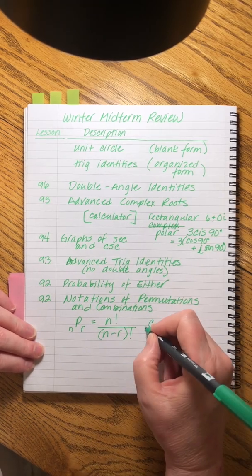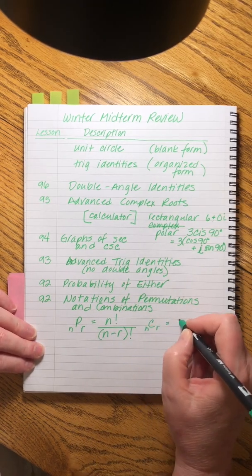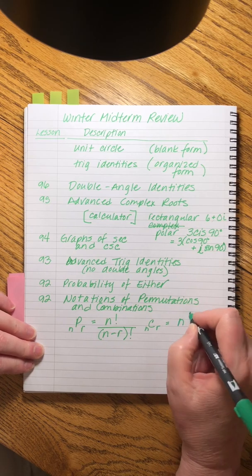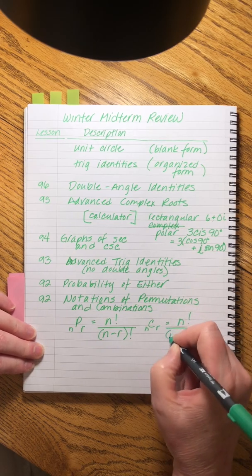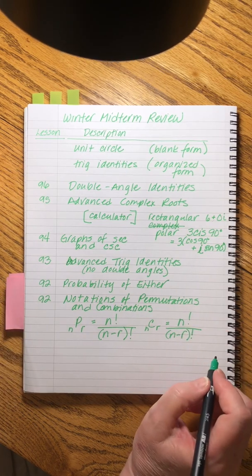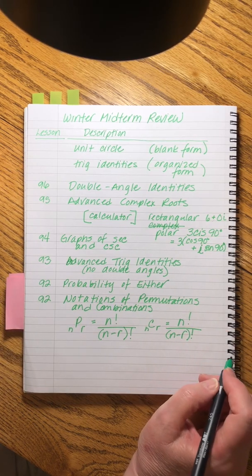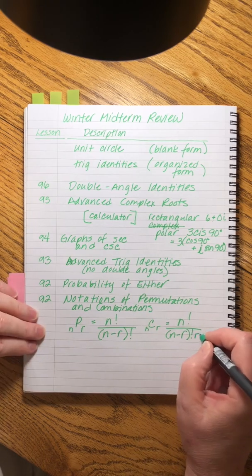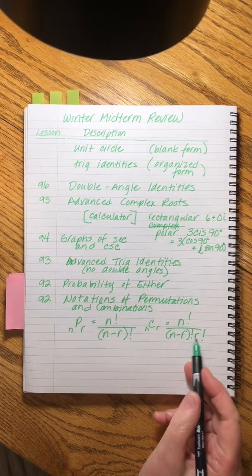With combinations, the formula changes in just one tiny way. See, all that is the same, and then we just add one more element to the denominator.